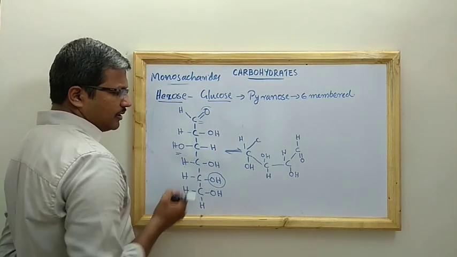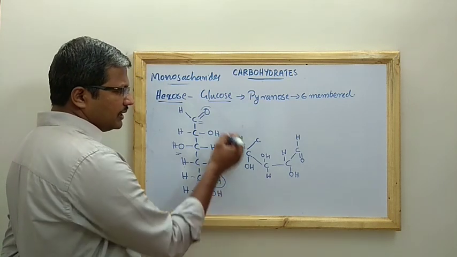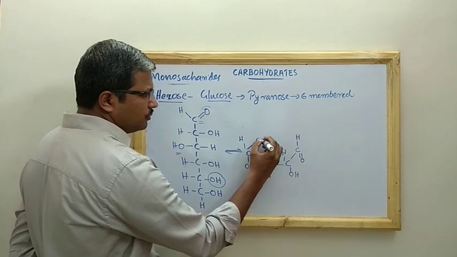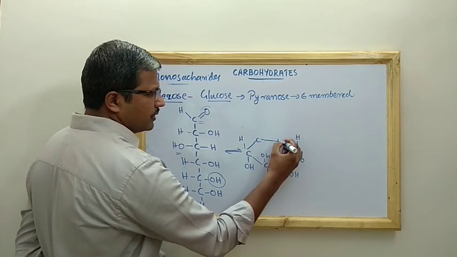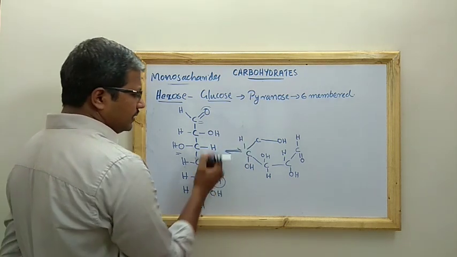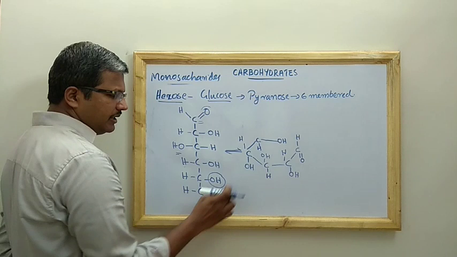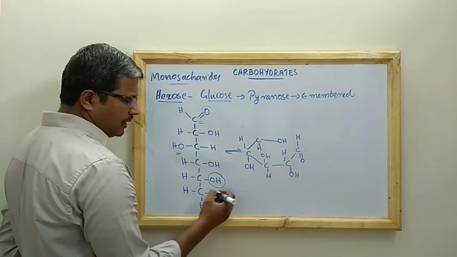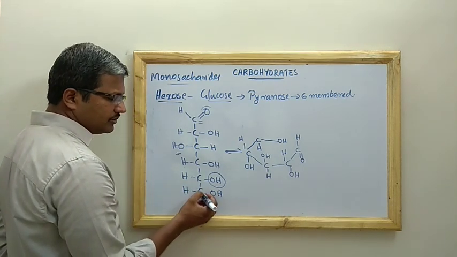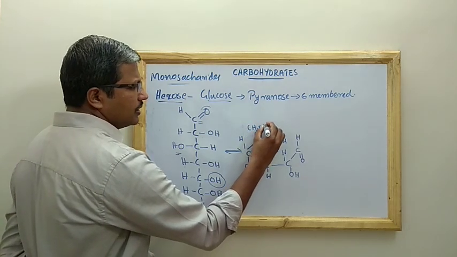In this carbon, you know that this hydroxyl is nucleophilically attacking this particular carbon, so it should move towards this carbon, so it is OH. And what is remaining there? H is there. As it is bending, it will be in the opposite way. And what is the remaining attachment? The CH2OH. So I am writing CH2OH here.